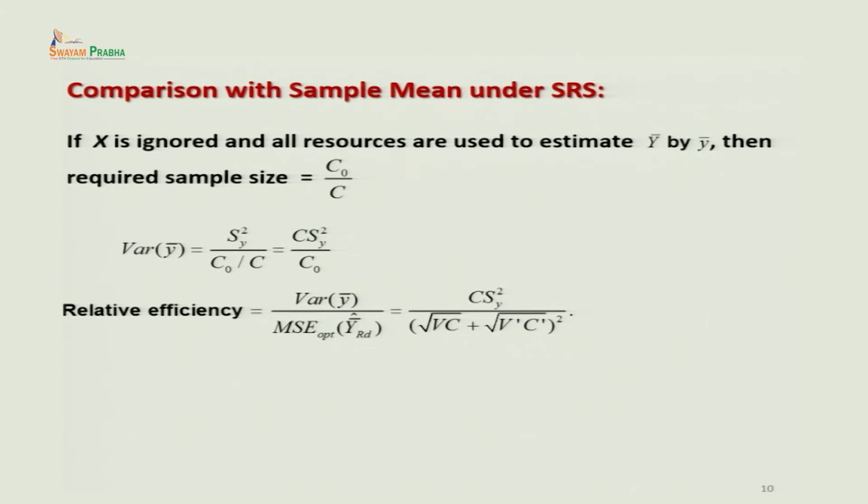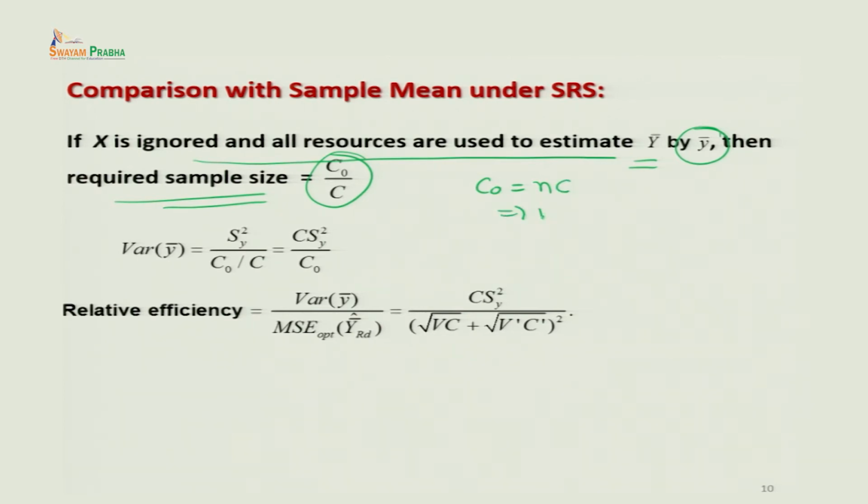If X is ignored and all the resources are used to estimate only capital Y bar using the sample mean small y bar, then the required sample size will be C0 upon C, because C0 is the total cost and the cost per unit is C. So, n becomes C0 upon C, no issues.